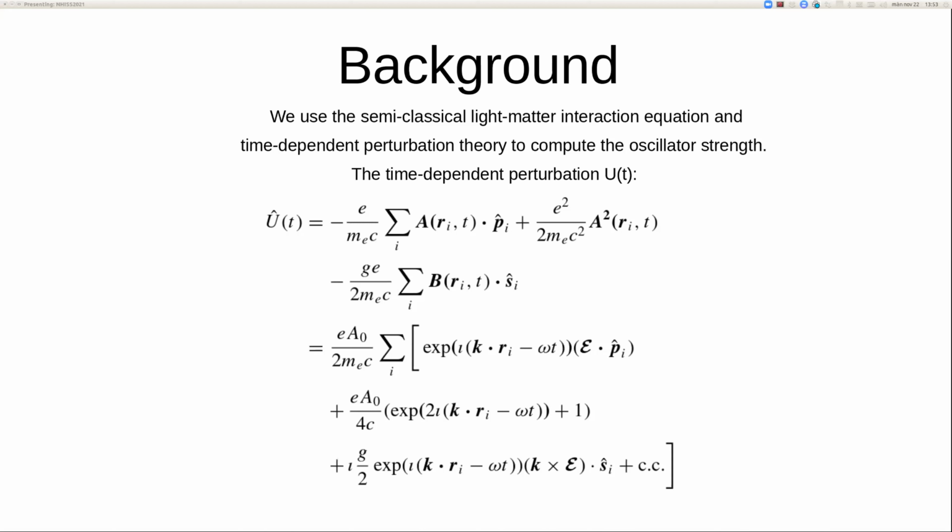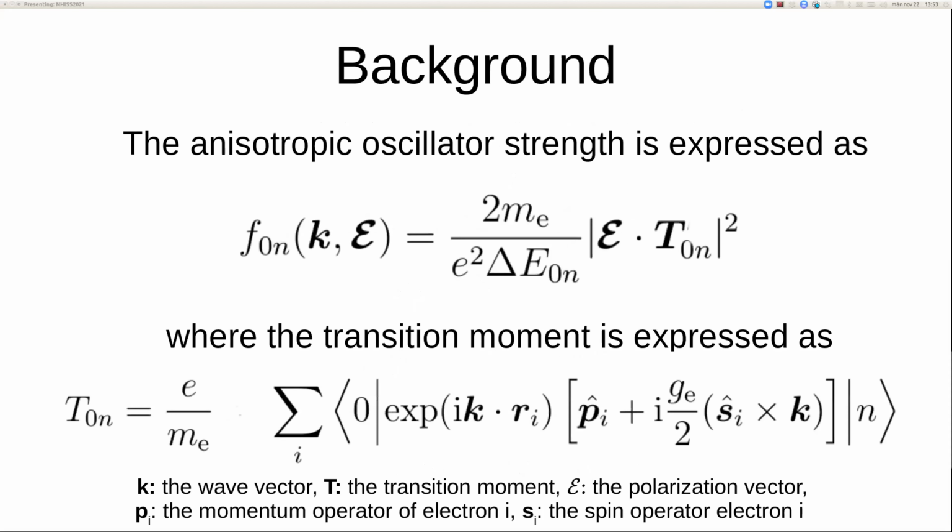If we proceed, the oscillator strength is computed as follows. You have a polarization vector describing the polarization of the light, and you have a transition moment that has to be computed.